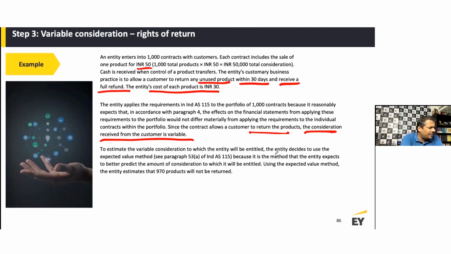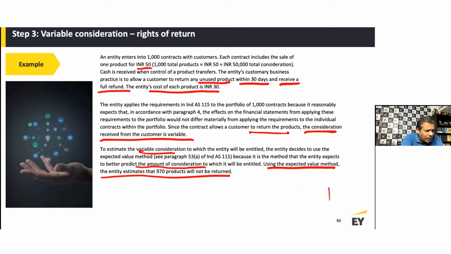To estimate the variable consideration, the entity decides to use the expected value method, right? You have a range of possibilities, and you believe that it is the method that the entity expects to better predict the amount of consideration. Using the expected value method, the entity estimates that 970 products will not be returned. That means how many will be returned?